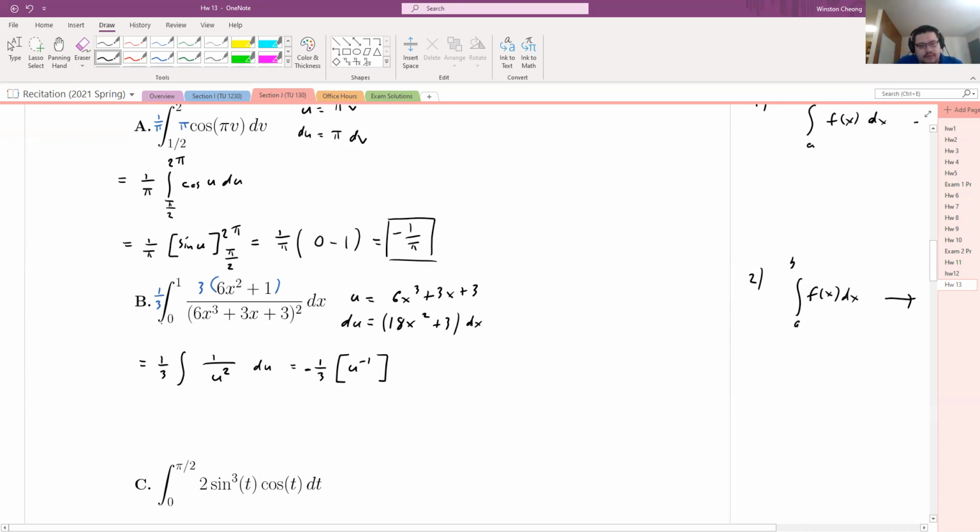All right, so now we think about what the limits are going to be. x is 0 means that u is going to be 3. And if x is 1, that's going to mean 6 plus 3 plus 3, 6 plus 6 is 12. So u is 12, the upper limit. So we evaluate from 3 to 12, and we can just go ahead and compute this.